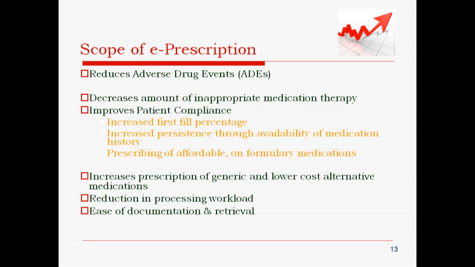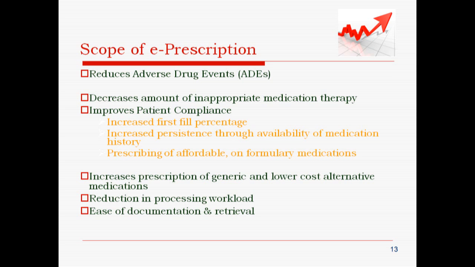Moving forward to the second point, there might be a decrease in the amount of inappropriate medication therapy. With the help of electronic prescription, there is clarity in the mind of everyone, the patient, the prescriber, and the pharmacist. So inappropriate medication therapy can be avoided.